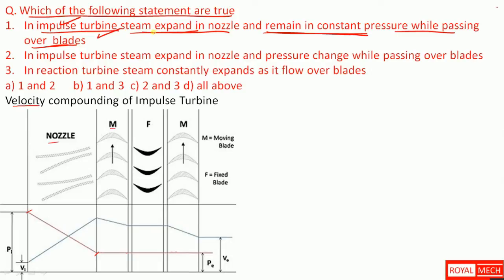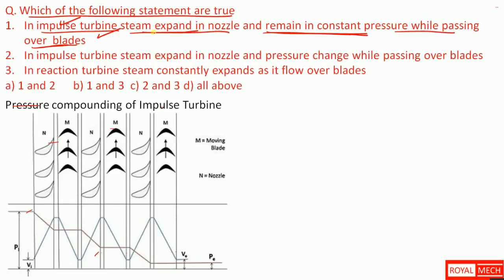And then when you see it for the pressure compounding, it is the same. Steam expands in the nozzle and remains at constant pressure while passing over the moving blades. This is constant pressure in the moving blades. So statement 1 is correct.